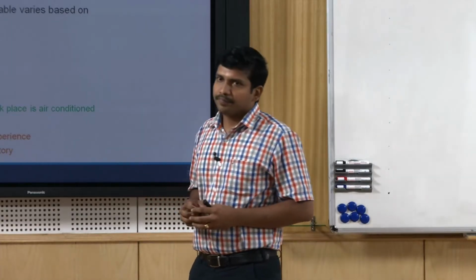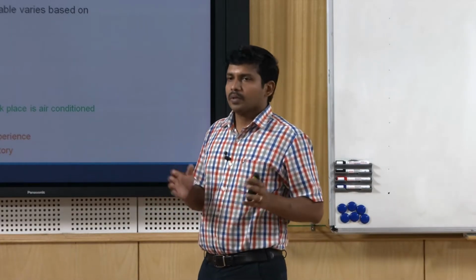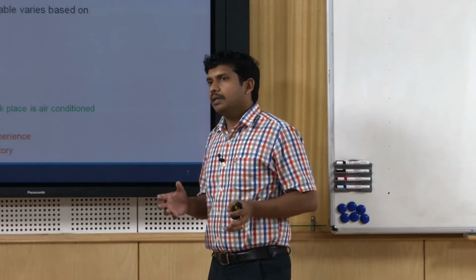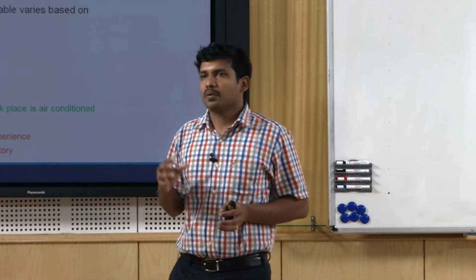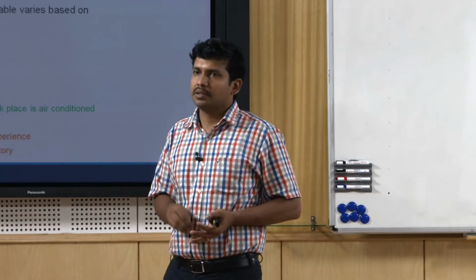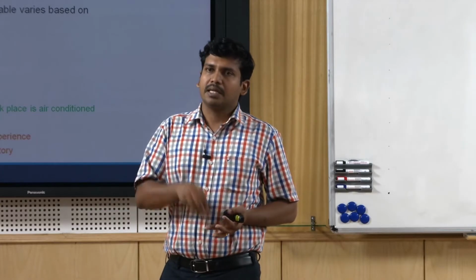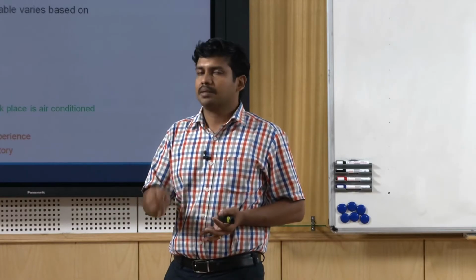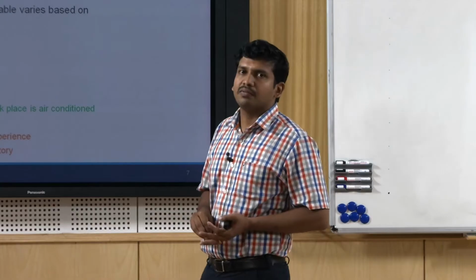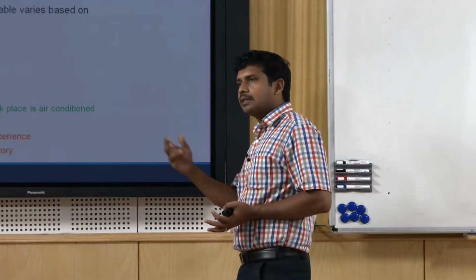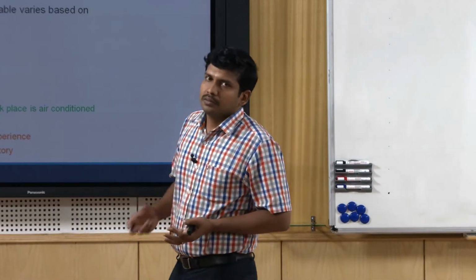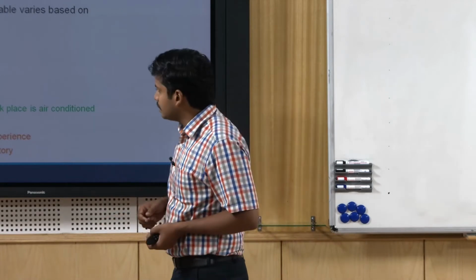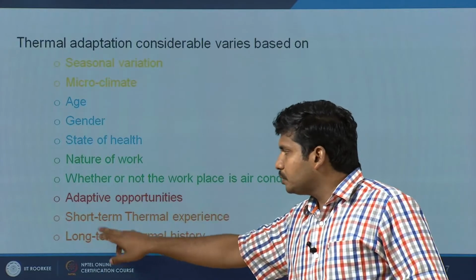For example, you design a building, you have an office space, whether you are taking care of providing an adaptive opportunity so that the person sitting in this cabin is going to use that opportunity sometime or the other to make himself comfortable for a few more hours rather than opting to switch on an air conditioning system. Then we talked about these two phenomena.